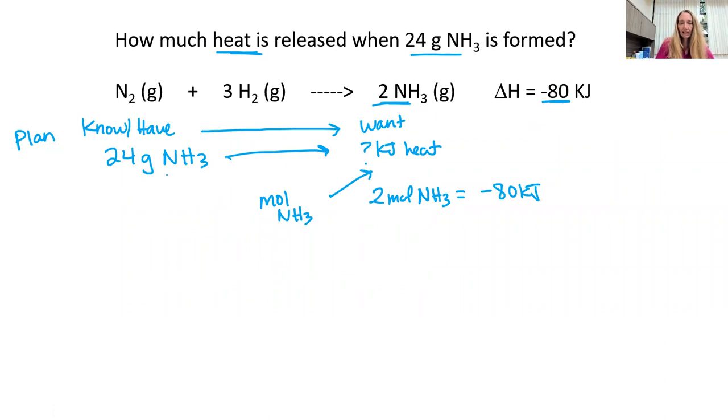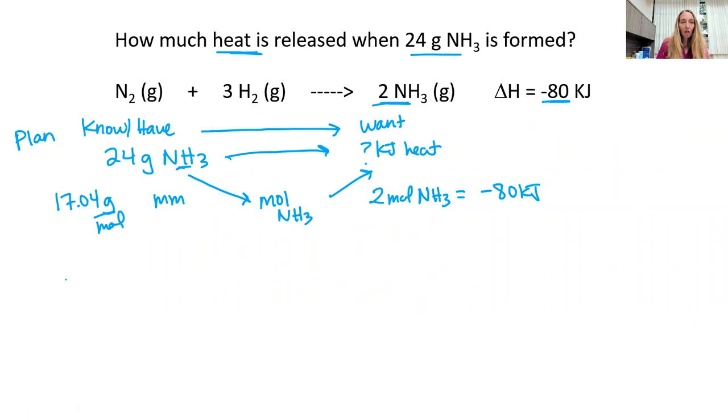And then the last thing to connect these, we have NH3 and NH3, so we're going to go from grams of NH3 to moles of NH3. We're going to do that using the molar mass. My molar mass of ammonia is 17.04 grams per mole. Okay, so we can use that as a conversion.